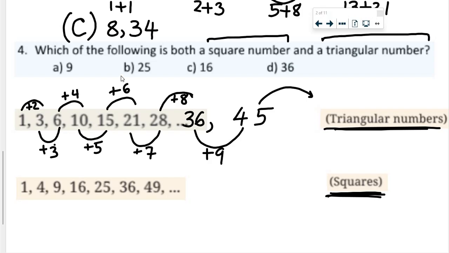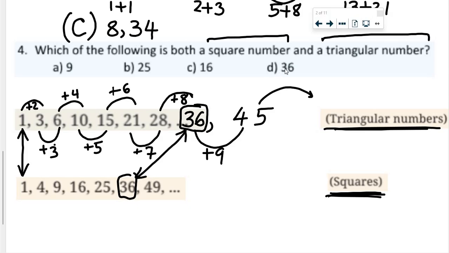Now, which of the following is both a square number and triangular number? Look, 1 is both a triangular number and a square number, but it's not in the options. What is? 36. 36 is both a triangular number and a square number.